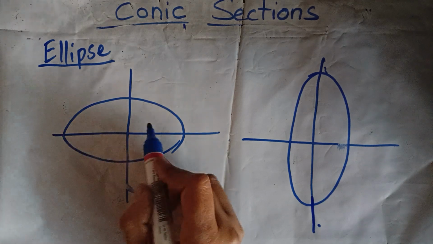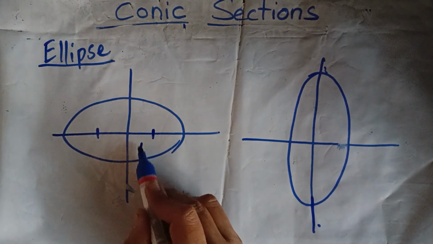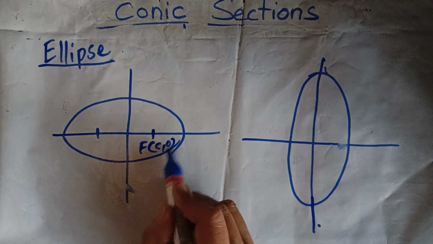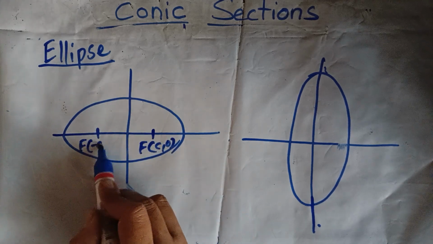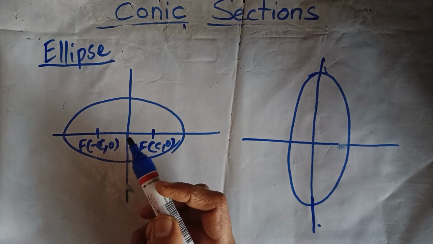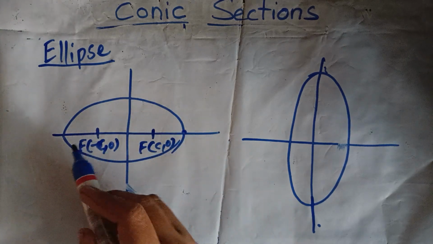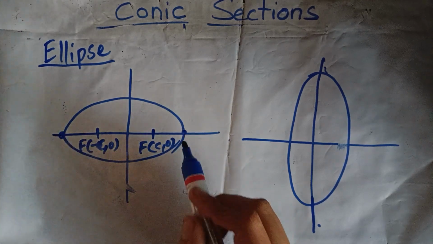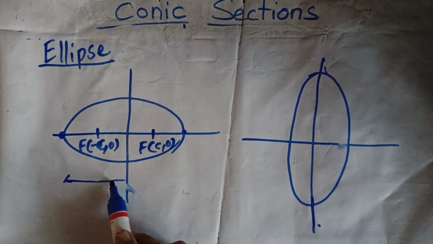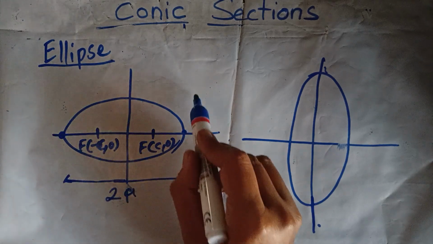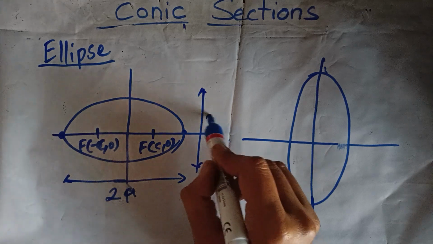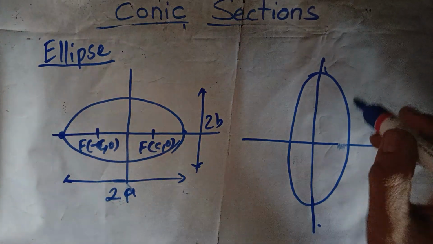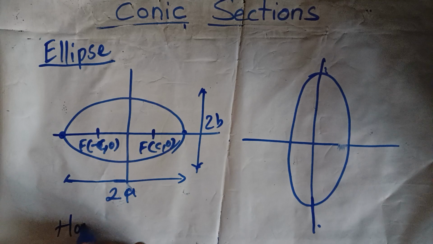Here the focus points are C comma 0 and minus C comma 0. This is your major axis. This is our minor axis. This is horizontal.